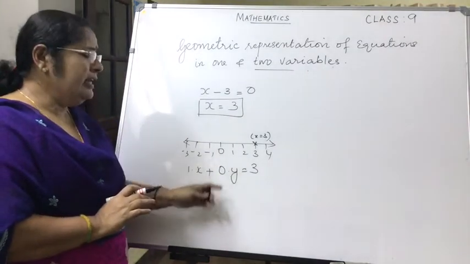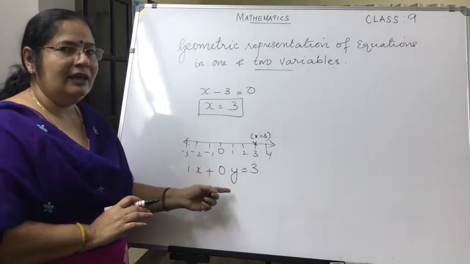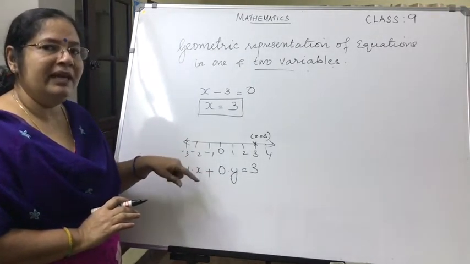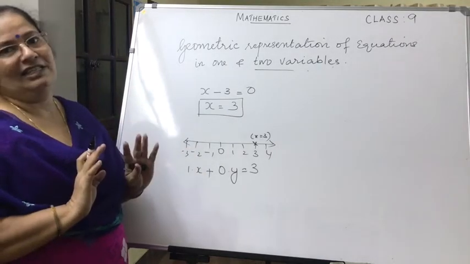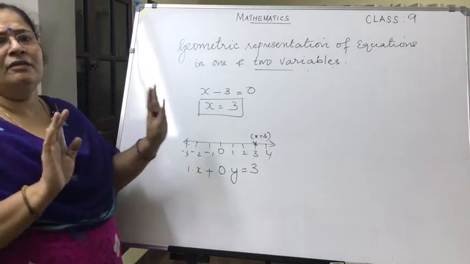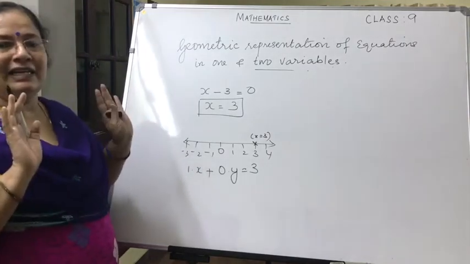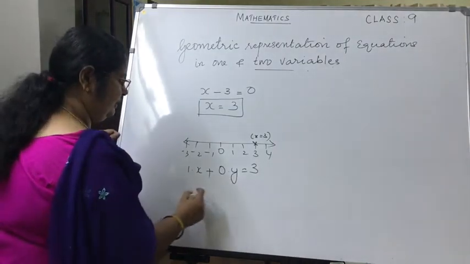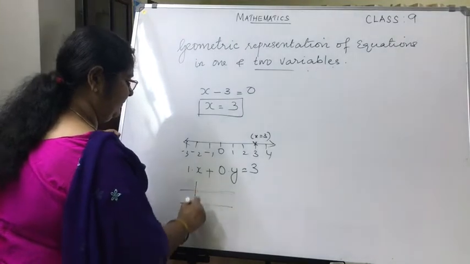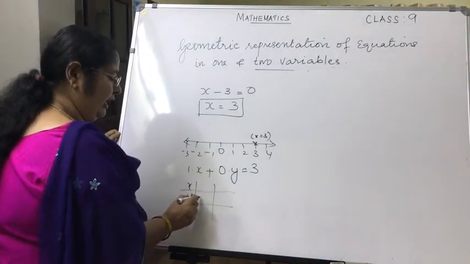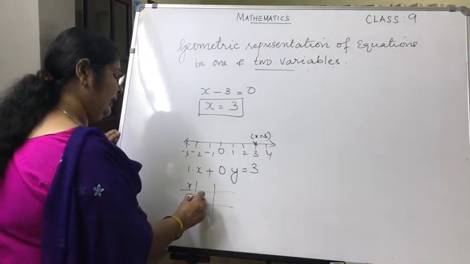So for any value of y, what is the value of x? The value of x remains as 3 itself. x equals 3. Whatever be the value of y, x is 3. So how will you find the solutions? Let us take, say, 3 solutions, x and y. Let us take y as 0.